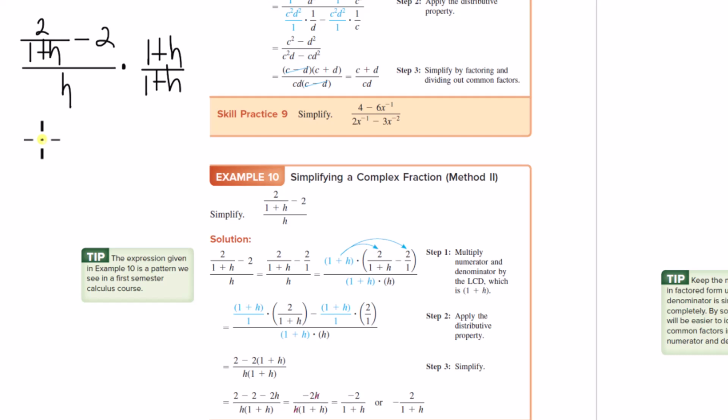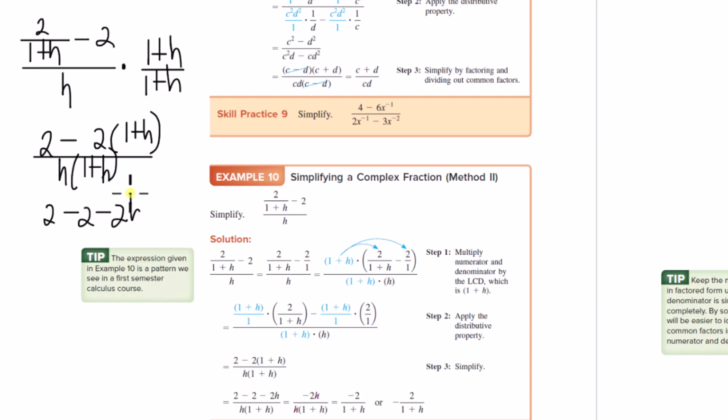We're going to get 2 minus 2 times 1 plus h, over h times 1 plus h. So 2 minus 2 minus 2h over, let's just leave this factored for now. 2 minus 2 is 0, so minus 2h over 1 plus h, over h times 1 plus h.